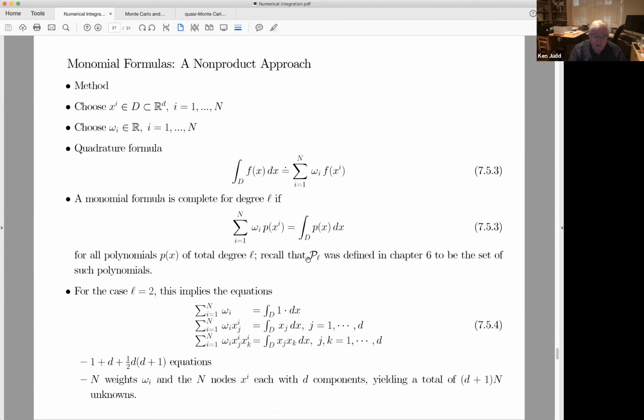Now, total degree L: last Tuesday, I think I got to that part where I talked about complete polynomials.